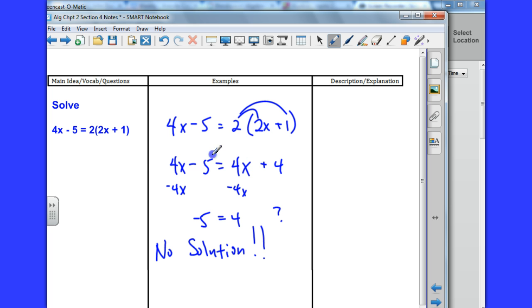Over here, you'd have 8 plus 4. Those two sides can never equal each other because you have 4 times something on both sides, but then on one side you're subtracting 5 and on the other side you're adding 4. It can't happen. There is no solution that we can put into this particular equation and get an answer.